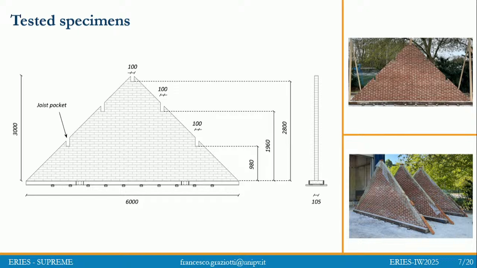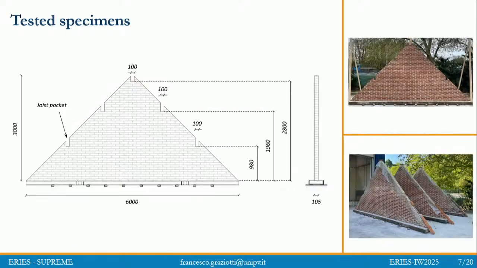The tested specimen had this dimension. The 9D shake table has a dimension of 4.8 by 4.8 meters, but we exceeded the limit of the table, and we had the chance to build this 6 meter long gable, 6 by 3 in height.